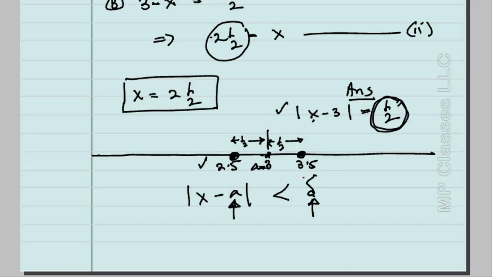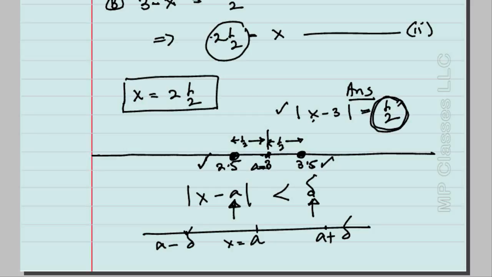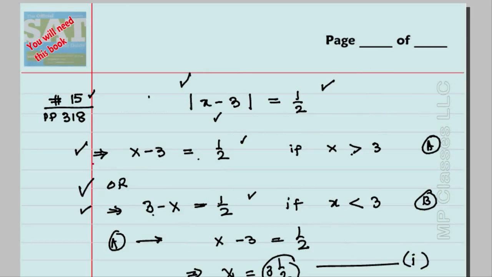If right hand side, 3.5. If left hand side, 2.5. So if right hand side, it's going to be a plus delta. If left hand side, it's going to be a minus delta. So you can use either this approach or this approach. The answer is going to be same.